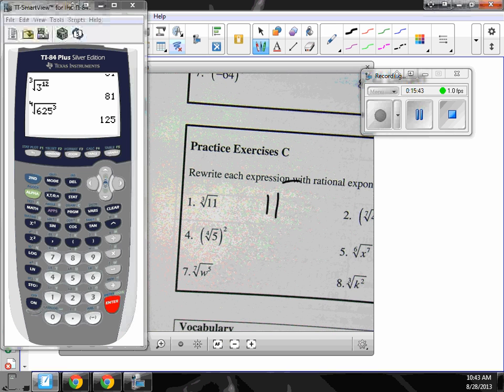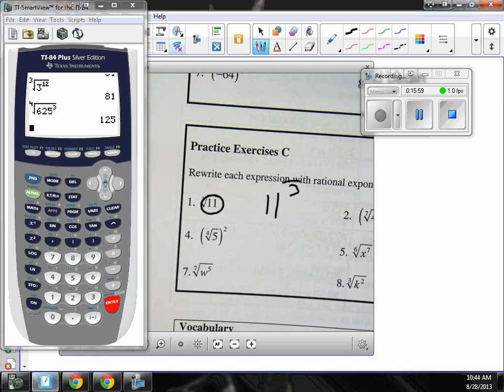It's got to go somewhere. Does it go on the top or the bottom? 3 goes on the bottom. What goes on top? Not a 2. What is the exponent on the 11? There isn't one, so it must be a 1. So it's 11 to the 1/3.